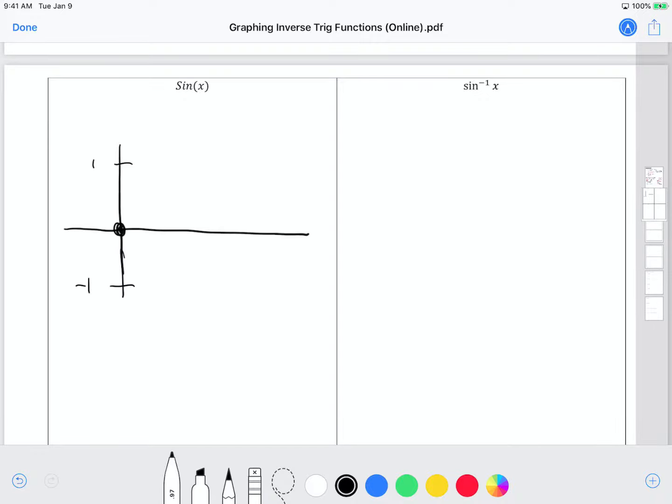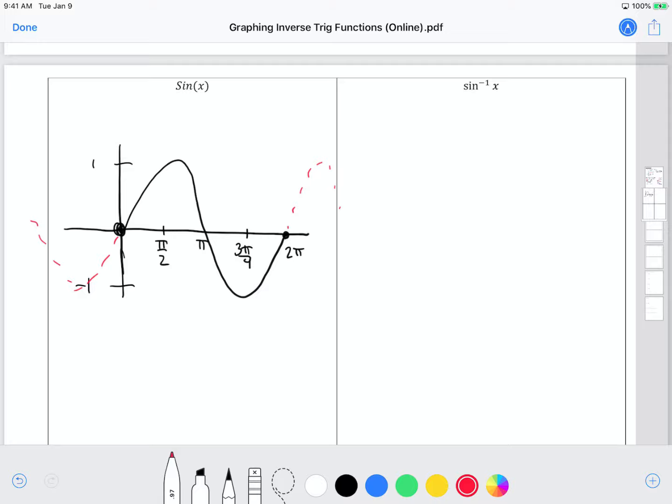But it keeps going, right? It goes on forever in either direction. If I want this to be a one-to-one function, I have to cut off and keep just a certain piece of the graph so that it's a one-to-one function.